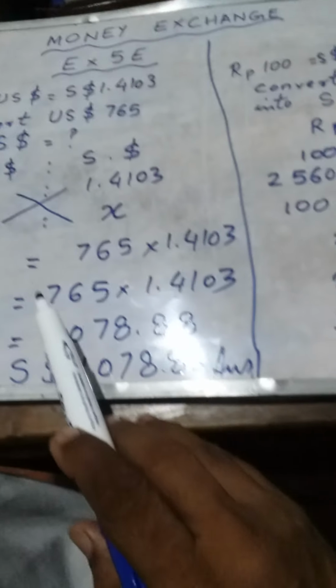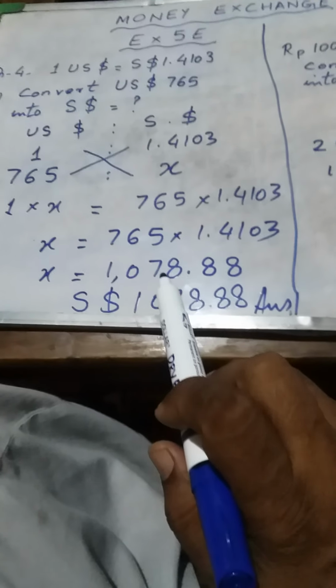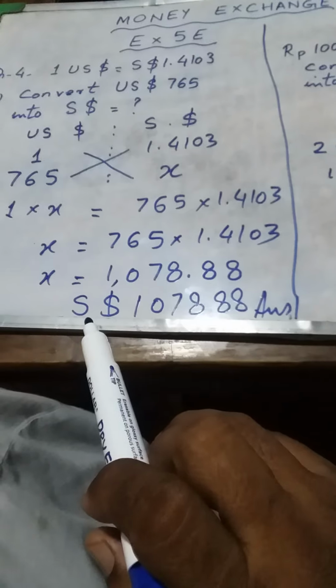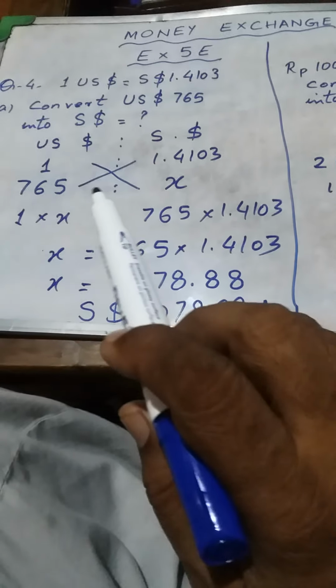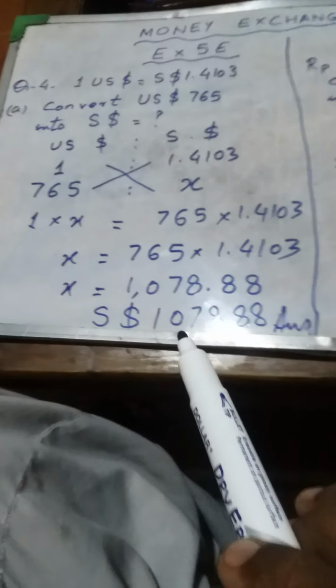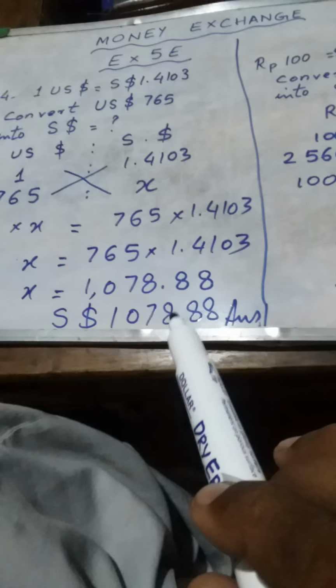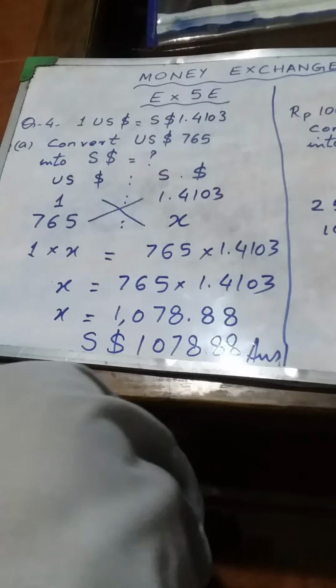As a result, we get the conversion into Singaporean dollars. So 765 US dollar will be equal to 1079.88 Singaporean dollar. I hope you understood this.